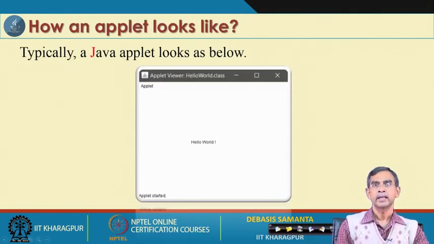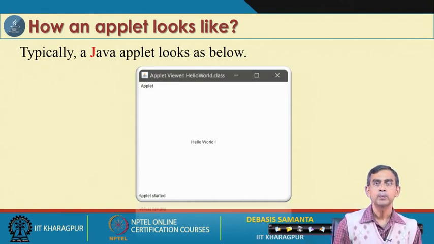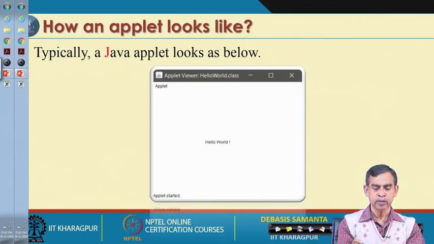Now, in very simple words, an applet is nothing but a window, we can say. That is why the operating system which is based on this concept is named the Windows operating system, the most popular operating system from Microsoft Corporation Inc. So, an applet is nothing but a window, and as you see, this window has a few things.